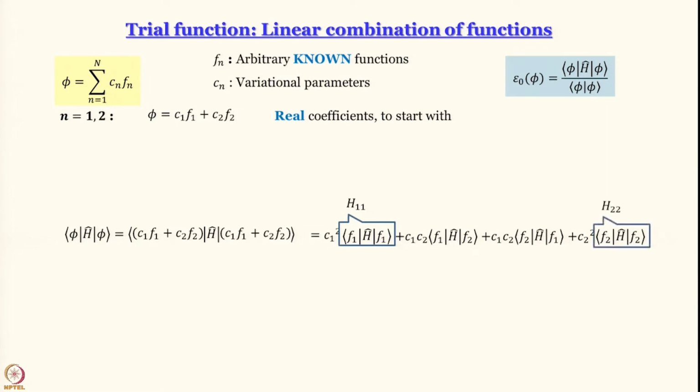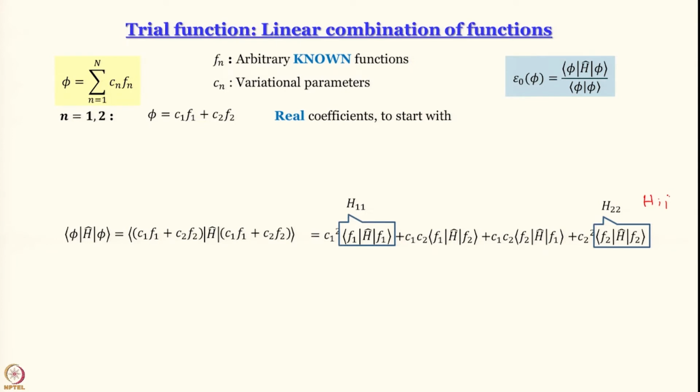So, in general I can call these HII. In the case we are discussing, i can take only 2 values, i equal to 1 or i equal to 2. Okay. So, this is what we get, HII.